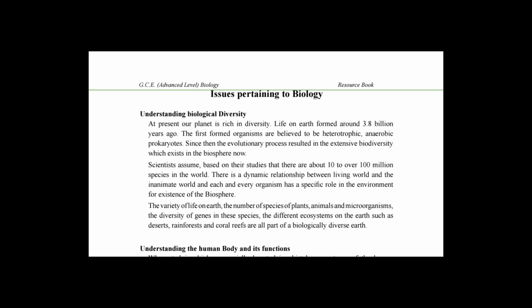So the fourth one is sustainable food production. Fifth one, understanding plant life. Sixth one, understanding diseases and causes. Seventh one, solving some legal and ethical issues. So these are the 7 types of problems they have given in our resource book. Let's go deeply into each and every topic. Okay.